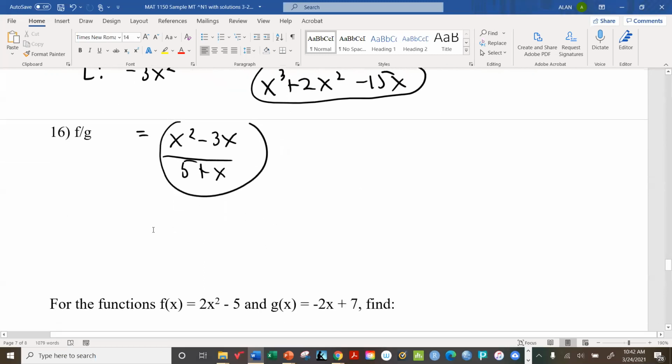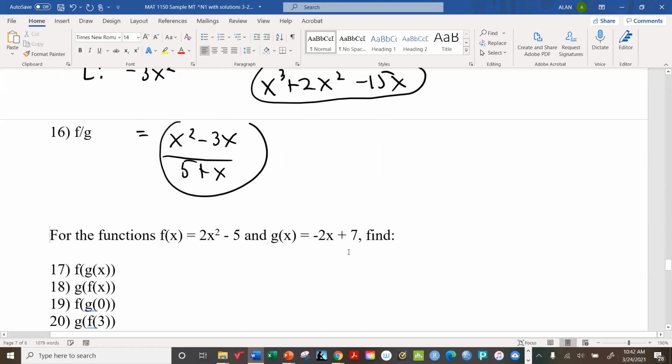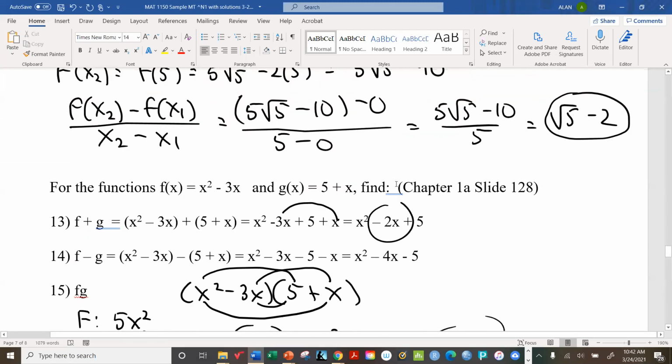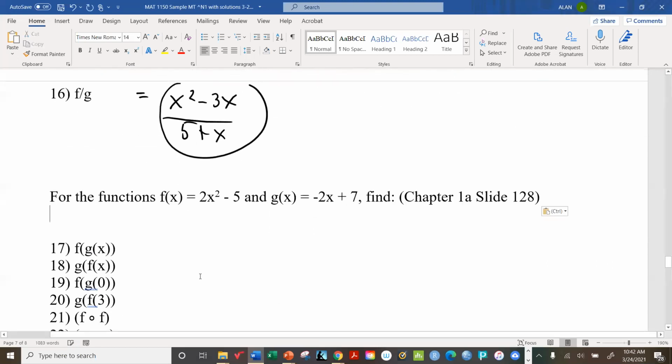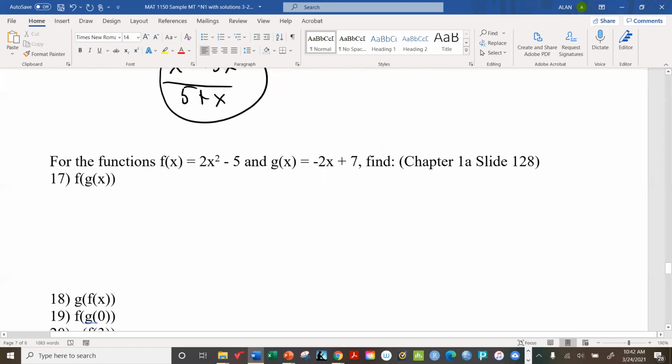And then down here, this, of course, came from the same slides. Let me just copy that so we don't forget. Now, these are the challenging ones. What exactly are we doing here?